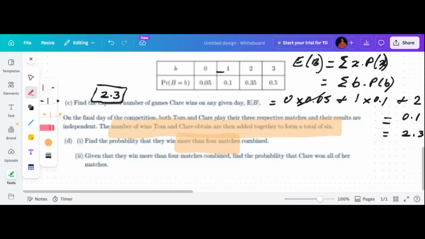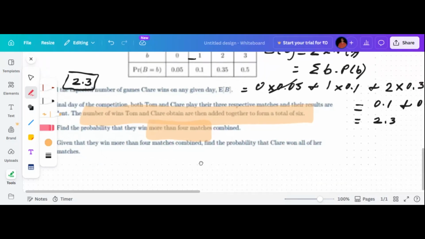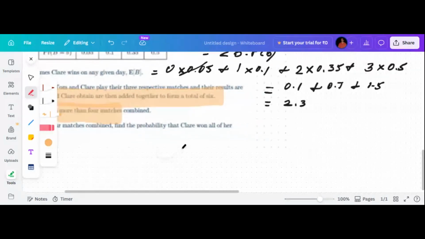Now, since Tom and Clara are playing three matches each, Tom can win 0, 1, 2, or 3.